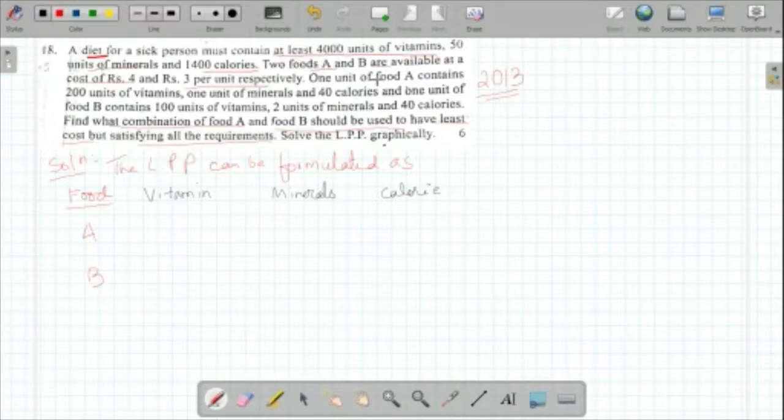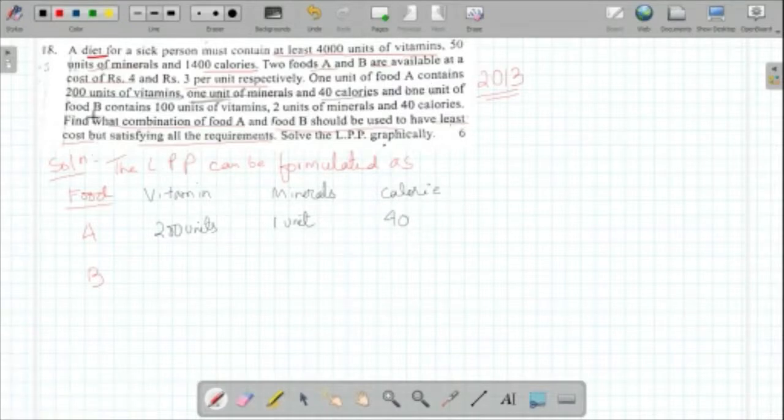See, one unit of food A contains how much? 200 units of vitamin, 1 unit of mineral, and 40 calories.